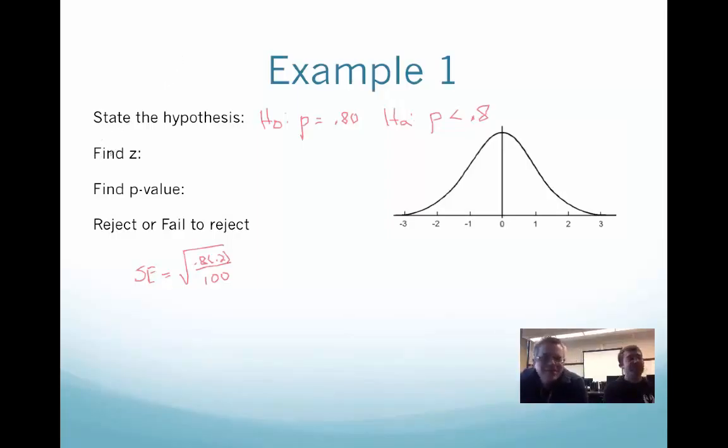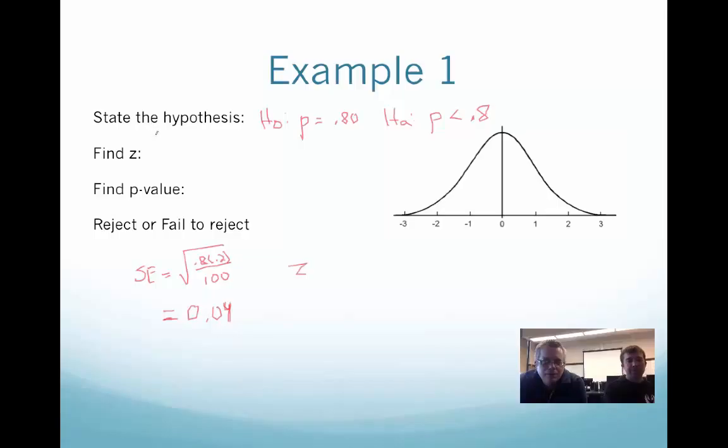So we're assuming the null hypothesis is true, and p hat should be distributed around 0.8 with standard deviation 0.04.